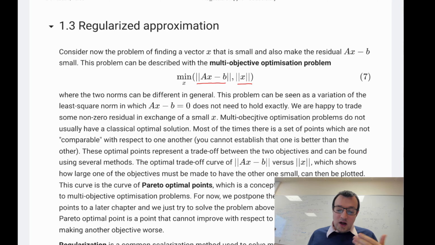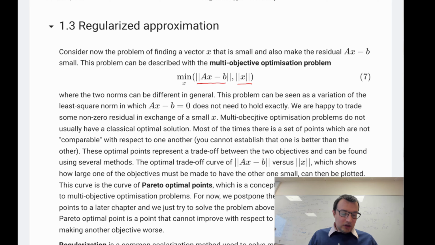That was before. Now we don't care that it's 0. It has to be small, depending on the penalty function that we use, but we are happy to trade some non-zero residuals in Ax minus b as long as we get a small x. Okay, so it's a different problem. We are looking for a different objective.